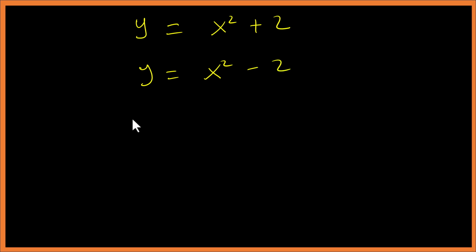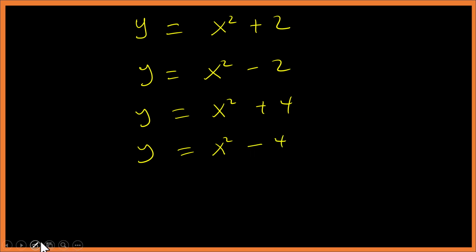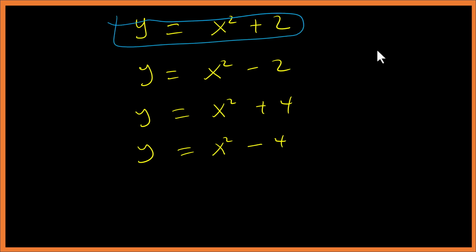All right, now let's use the idea of the family of curves. Take the functions y equals x squared plus 2, y equals x squared minus 2, y equals x squared plus 4, y equals x squared minus 4. Now if you are to sketch the first one, it will behave like this.